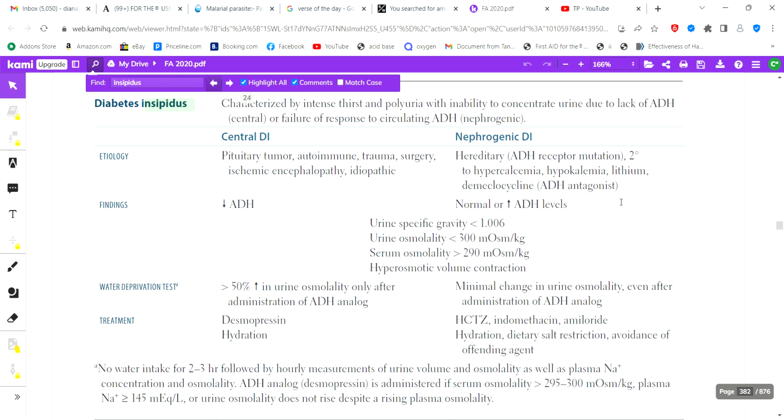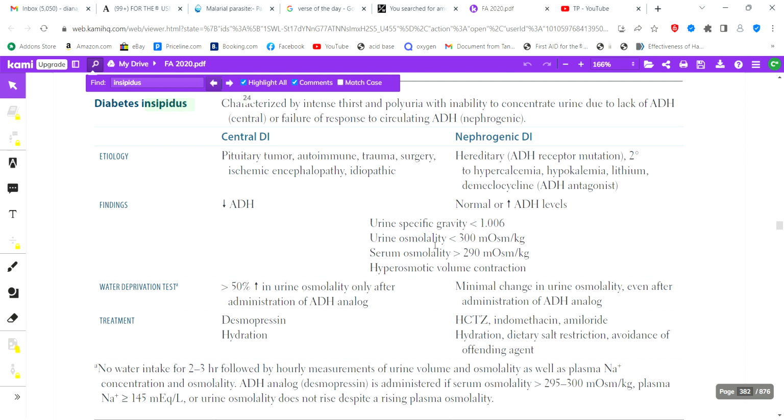So, minimal change in urine osmolarity even after administration of ADH. The V2 receptors here are busted, so the desmopressin will not work to hold back the urine. So all the urine will flow out, with minimal change in urine osmolarity. There's no change, dilute urine. Urine osmolarity in both these situations is less than 300 milliosmoles per kilogram.